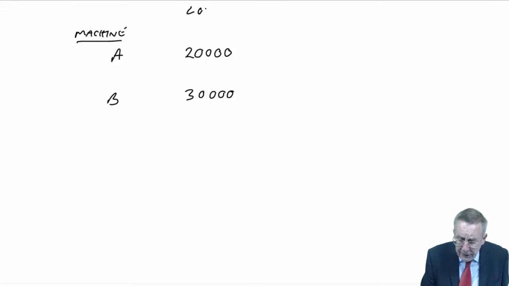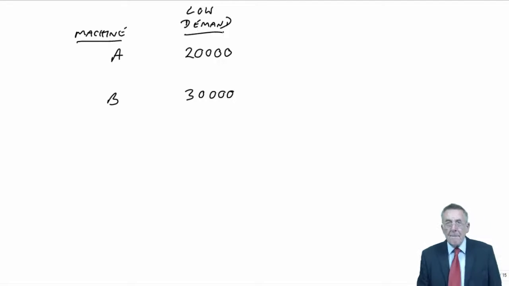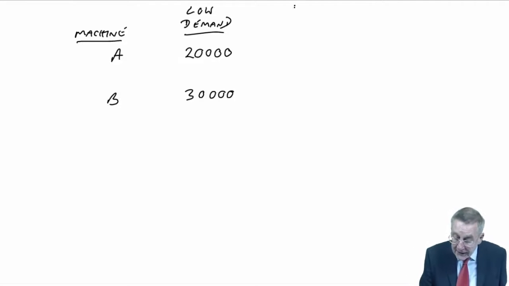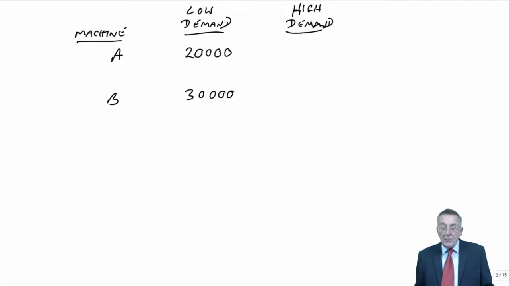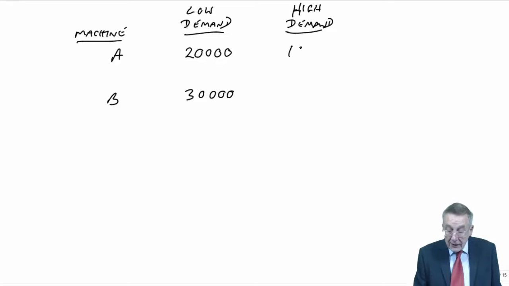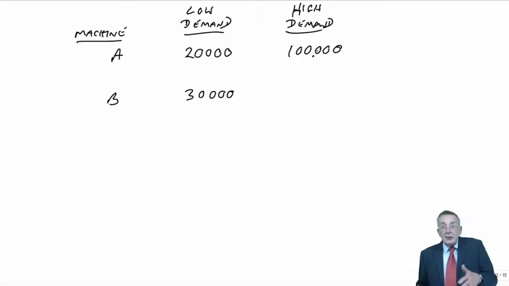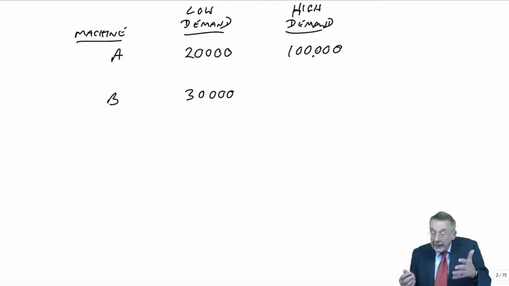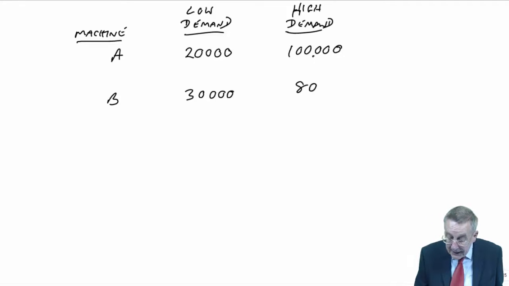We've decided if there's low demand, that's what the profits will be per year. But on the other hand, if the product's successful and there's high demand, the profits will be a lot higher. A will give us 100,000 a year instead of 20. B, there's a different cost structure. It gives 30 if there's low demand. If there's high demand, it'll give more, but it'll give 80.